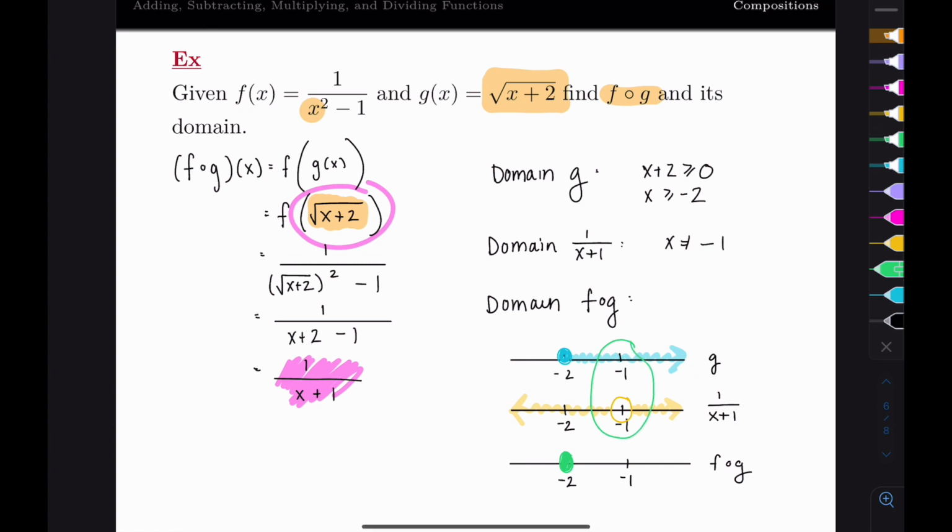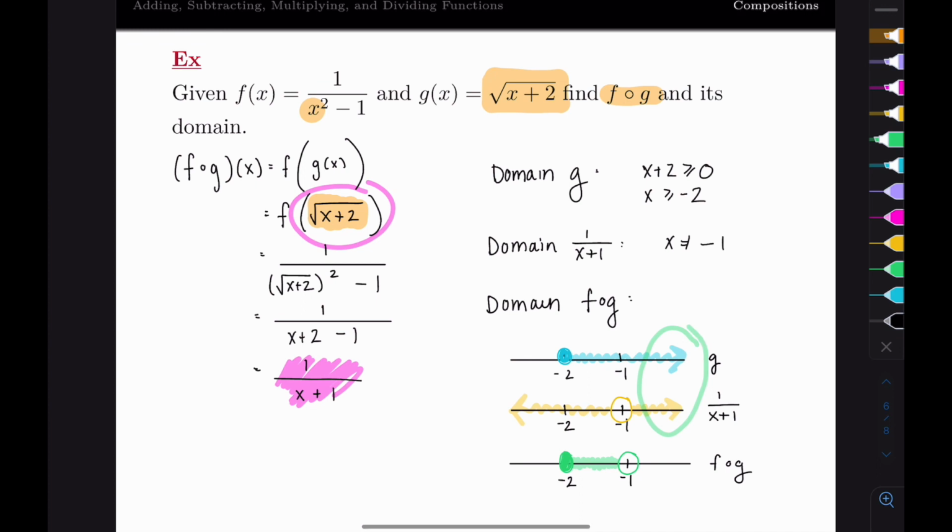But the top or the bottom one cannot equal -1, so I cannot equal it for this composite function. Okay. I can shade in between these two numbers for both of them, so I can shade in between the two numbers for the composite.